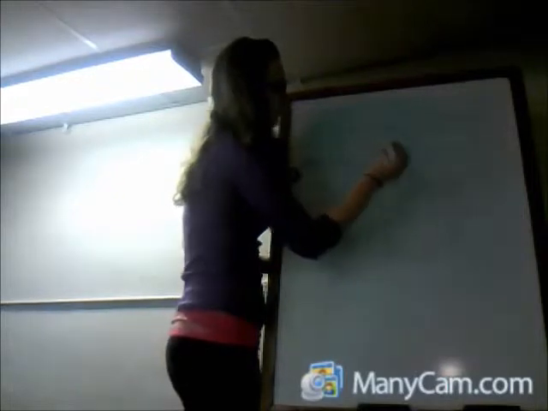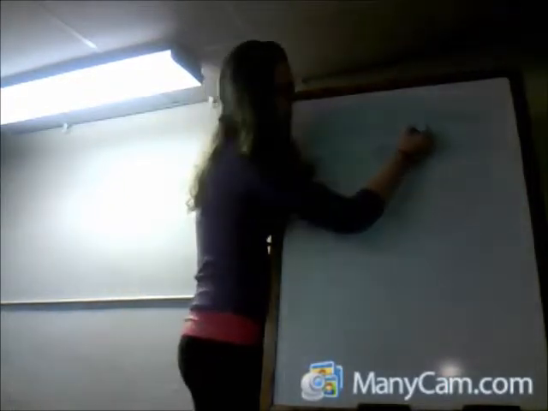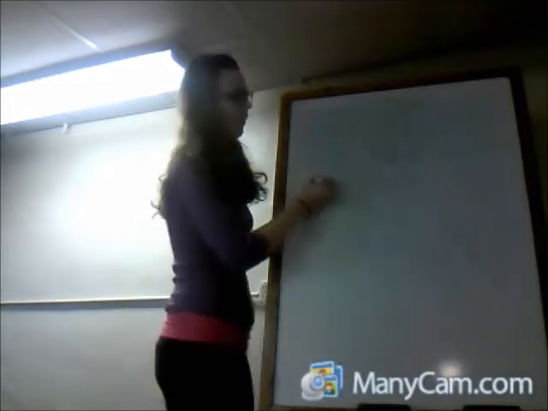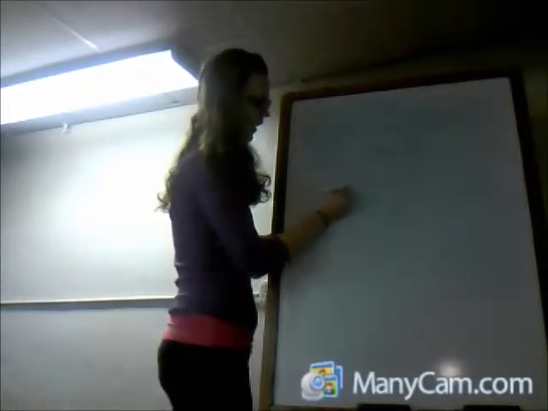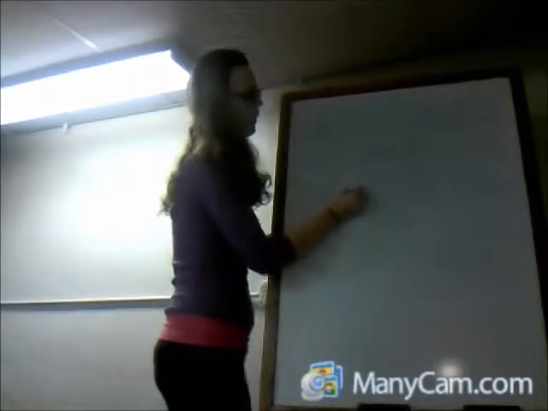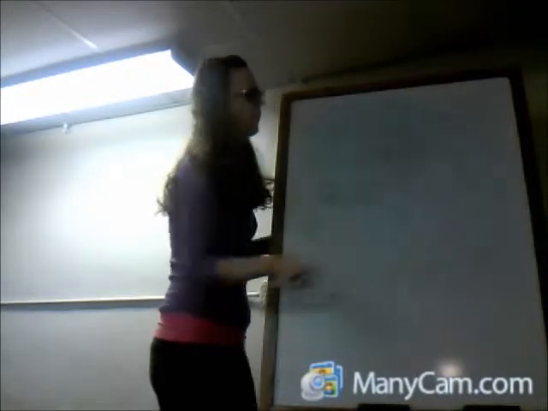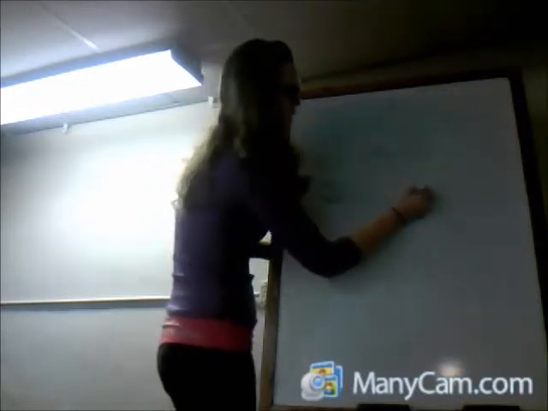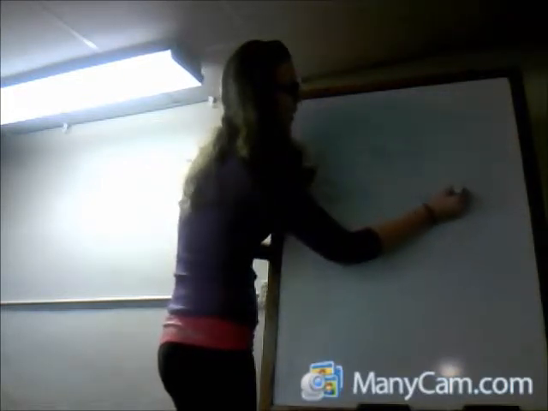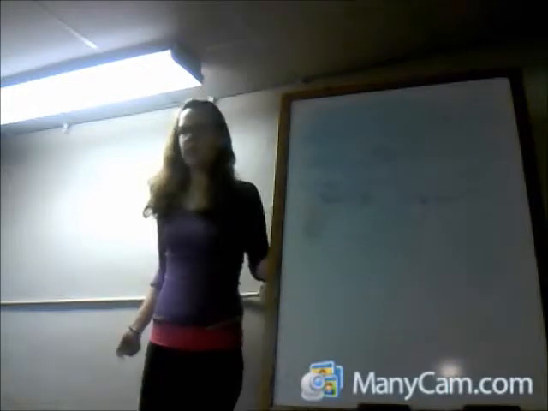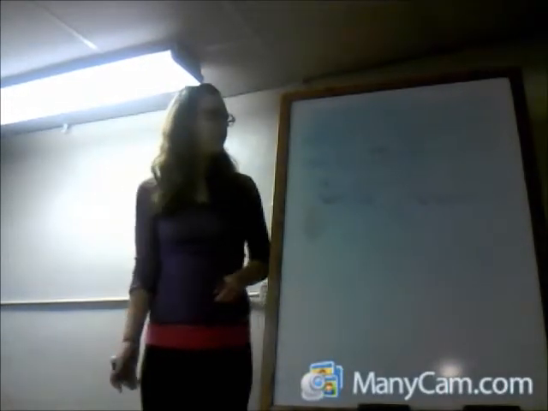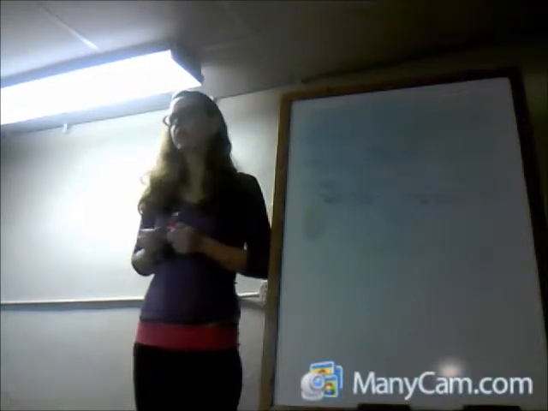What is this arc? You say 30 degrees over 360 degrees, and that gives you what fraction of the circle it is. Then you can just do 1/12 times 2 pi r, and plug in what you have for r. Whenever you're dealing with sections of circles, you're just going to do fraction stuff.